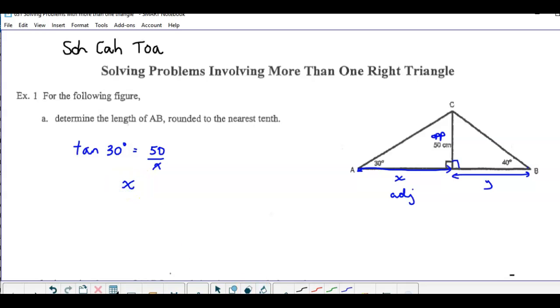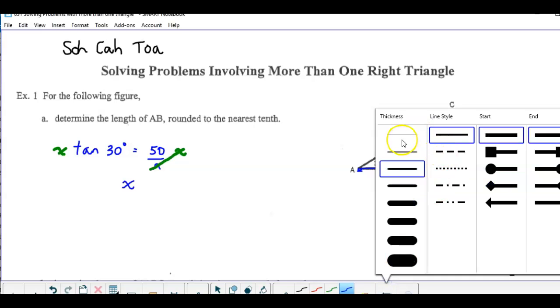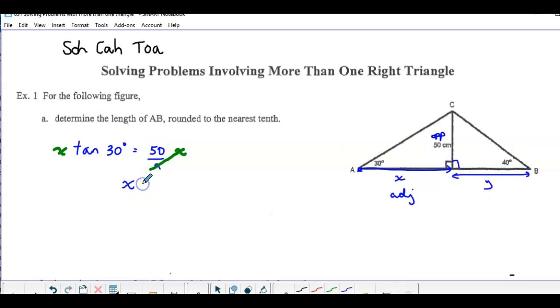I'll show it to you here: we need to multiply through by X on both sides so that those divide out. So you're going to get X tan 30 degrees equals 50. Then when we solve for X, it's going to be 50 divided by tan of 30.